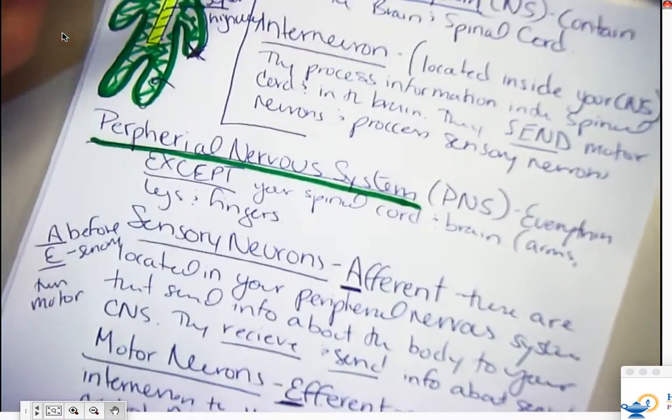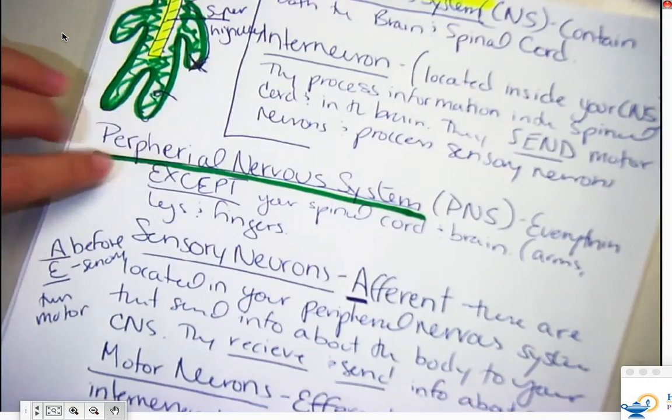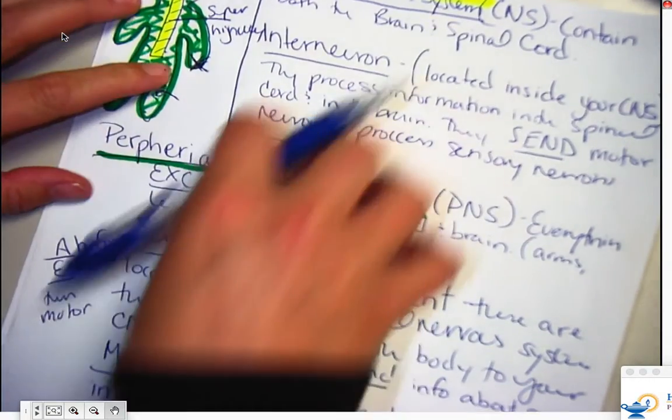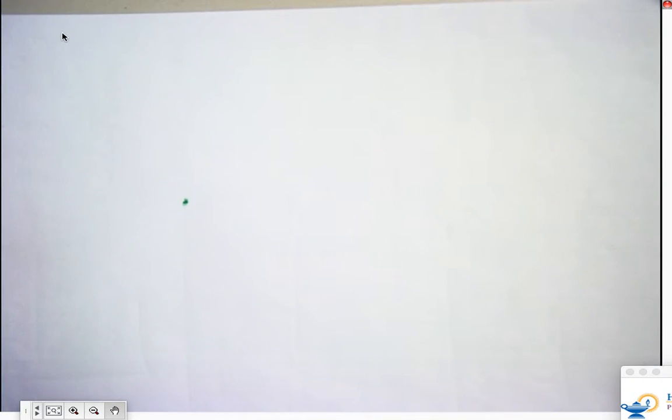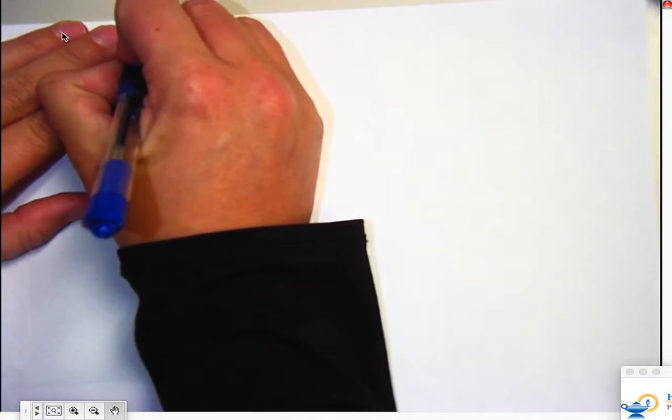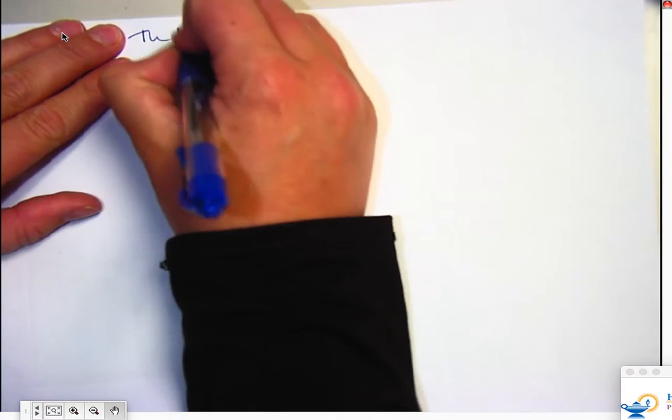Okay, so everyone's okay on your central nervous system and your peripheral nervous system, correct? We have a grasp of all of our neurons, yes? Okay, we're going to make it more confusing. I would grab a separate sheet or the back of a sheet. You're going to need it. We're going to write the title of the nervous system.